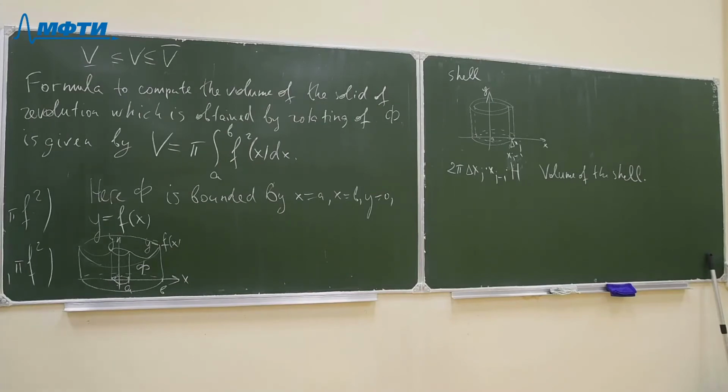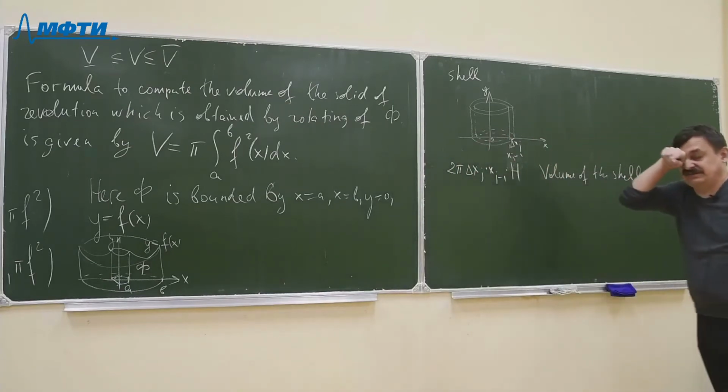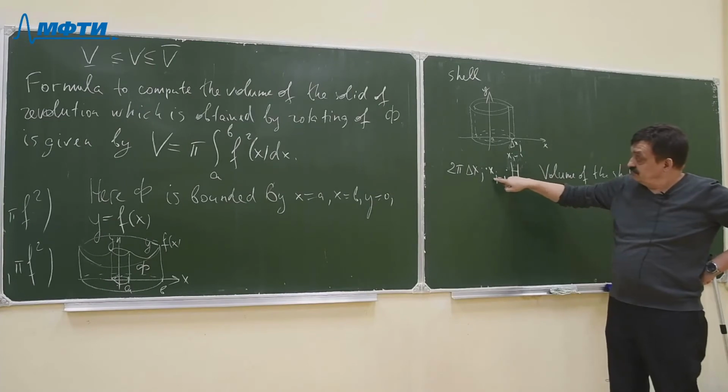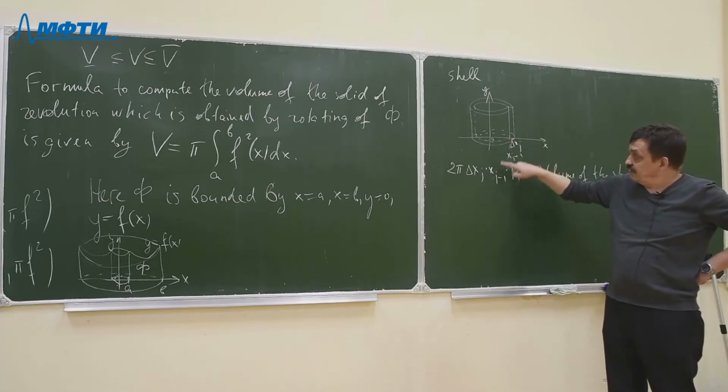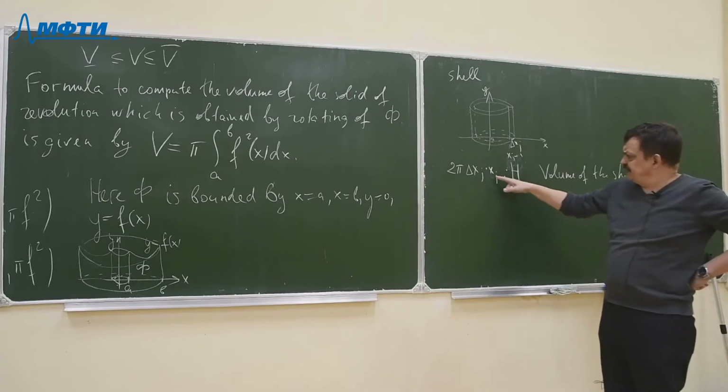Then this is not so easy as before. Because of that parameter, I wrote here xj minus 1.